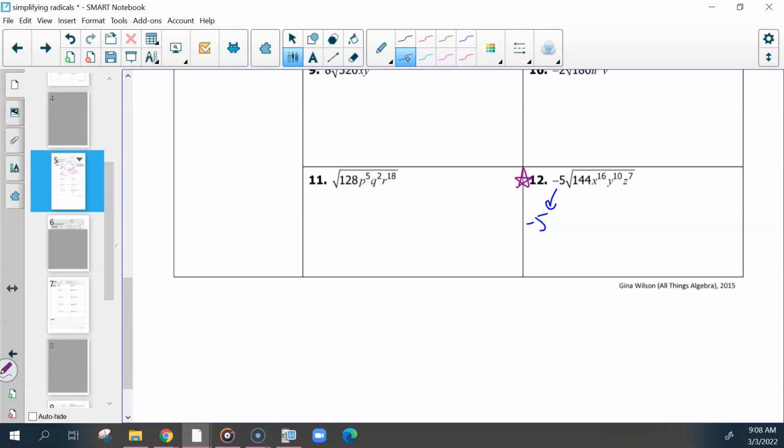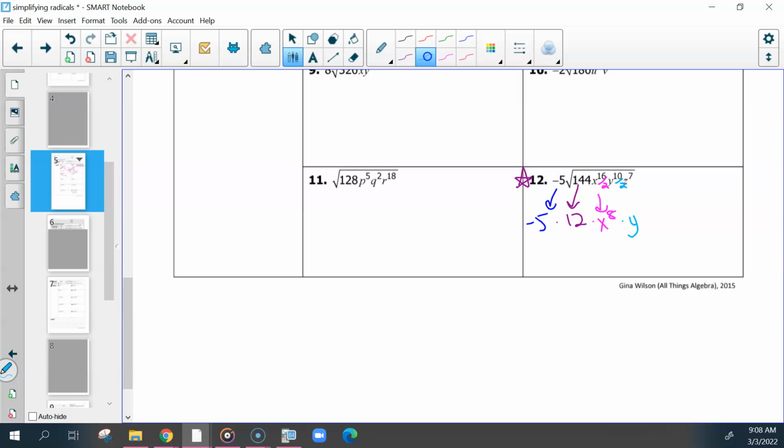Square root of 144, is that a perfect square? Yes. 12. 16 can be divided by 2. 10 can also be divided by 2.